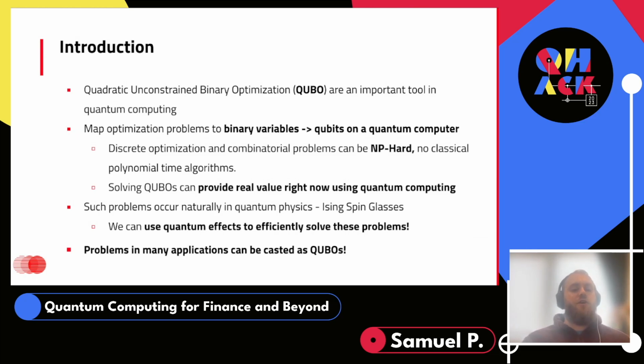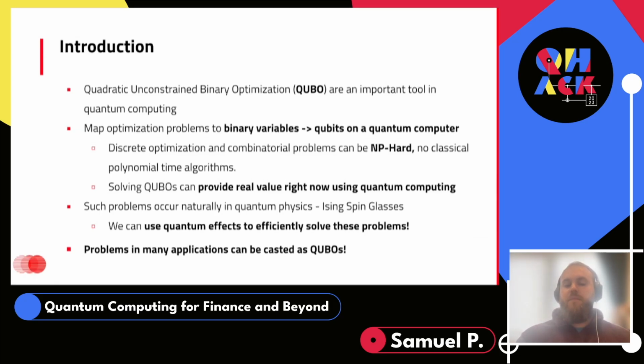QUBOs naturally occur in quantum physics, in Ising spin glasses, and in any quantum systems where we have to align particles, like in magnetism and materials. All of these problems derive from physics.